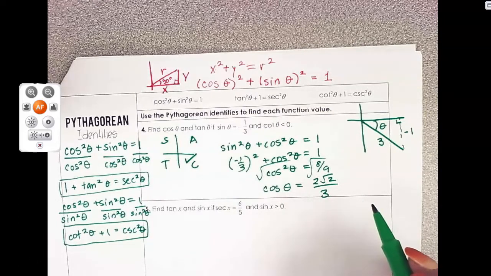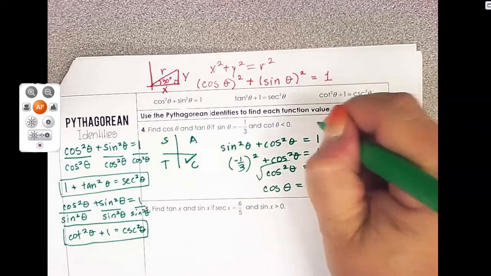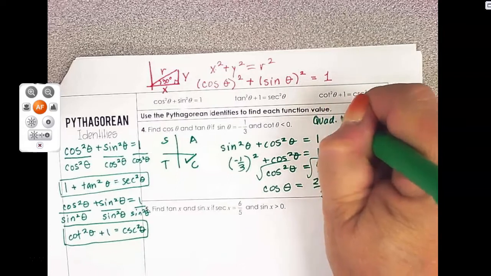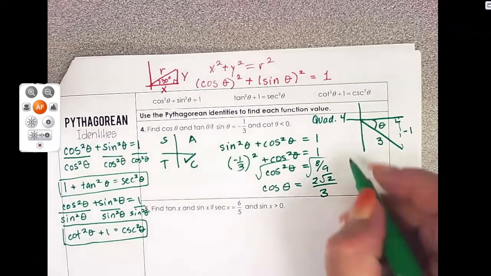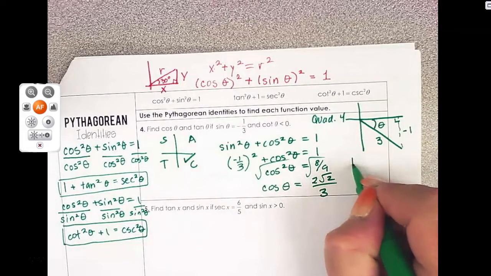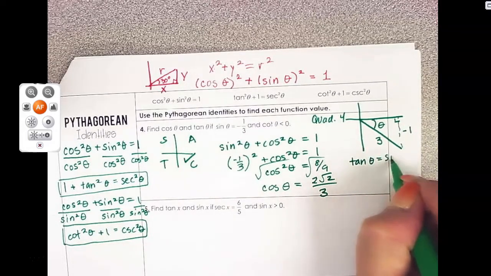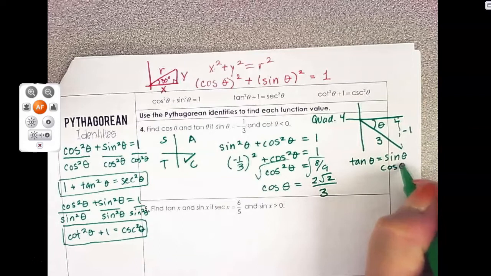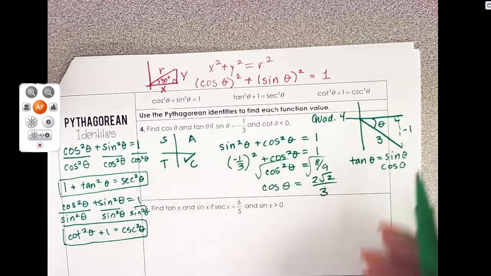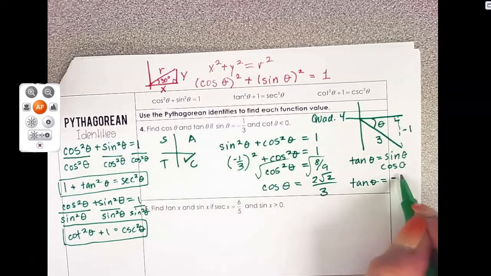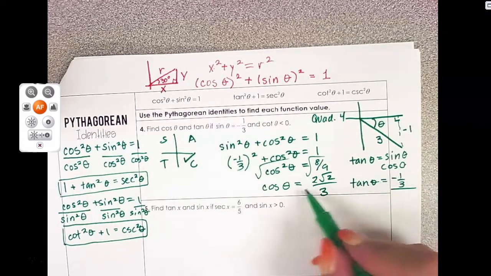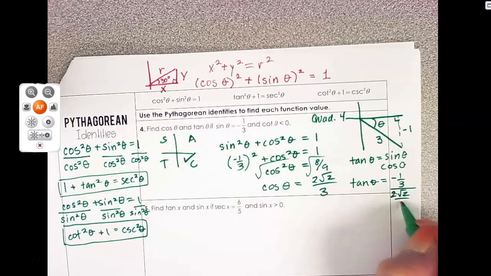Then I can go ahead and do my tangent. To find the tangent, I'm going to do sine over cosine. So tangent of theta is sine over cosine. So I'm going to divide negative 1/3 divided by 2 root 2 over 3.